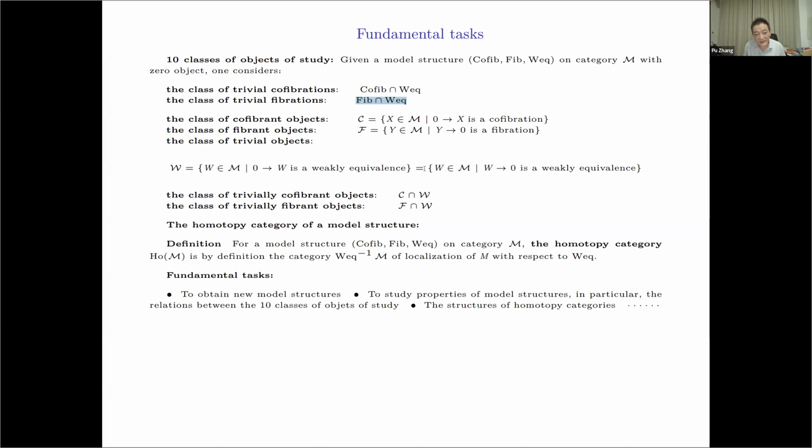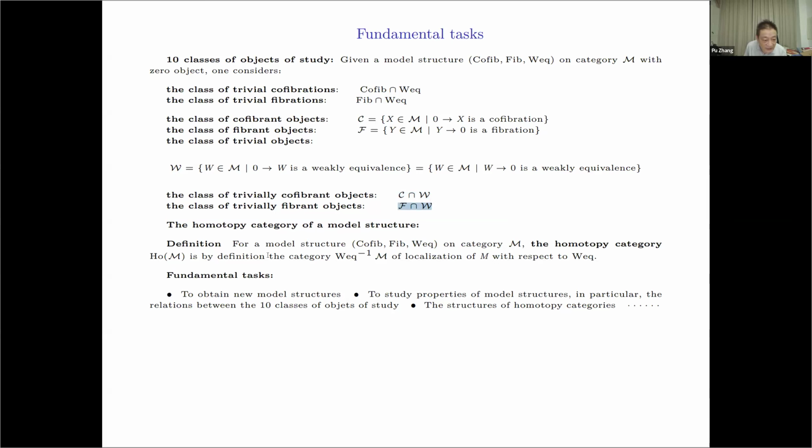This is exactly the class of objects such that W to 0 is a weak equivalence, because weak equivalences have the two out of three property and the identity of 0 is always a weak equivalence. And then we have these intersections. It's called trivially cofibrant objects. And this is trivially fibrant objects. We have these ten things.